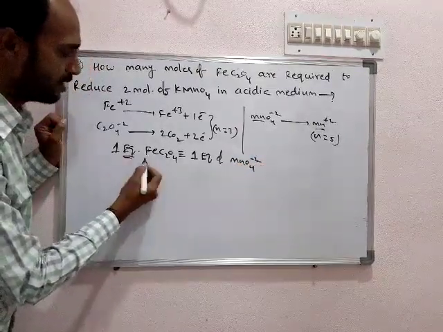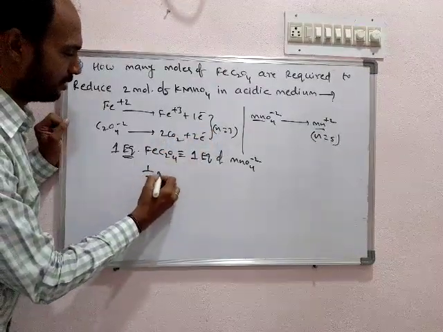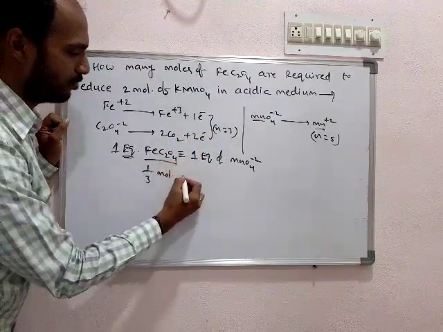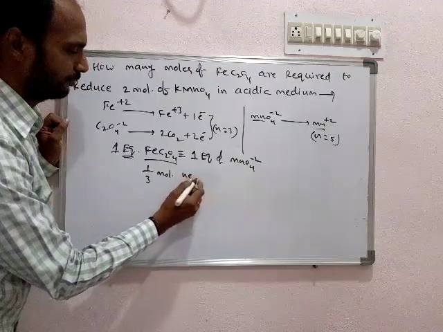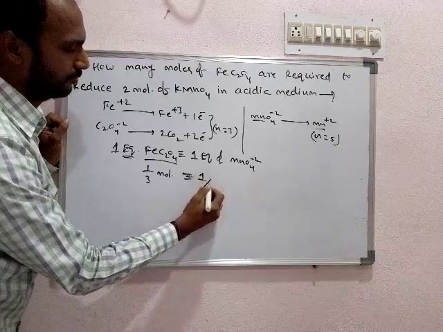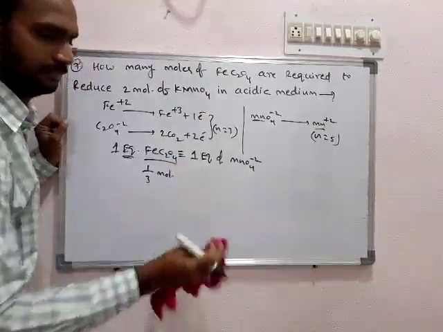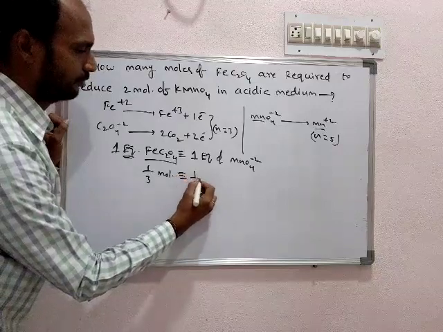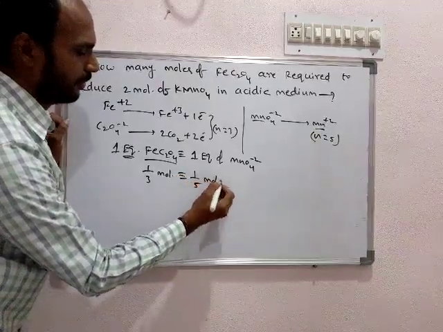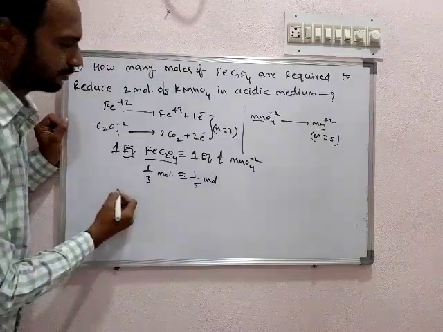Here the equivalent weight by calculation: we get N factor, that is 1 by 3 moles of this FeC2O4, and that is 1 by 5 moles of MnO4 minus.